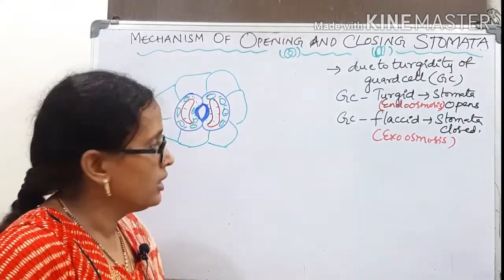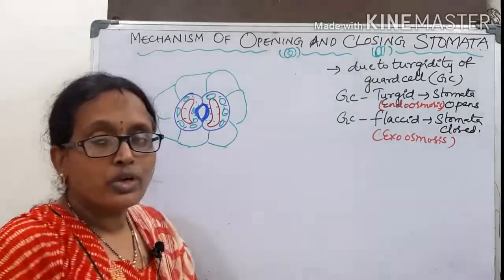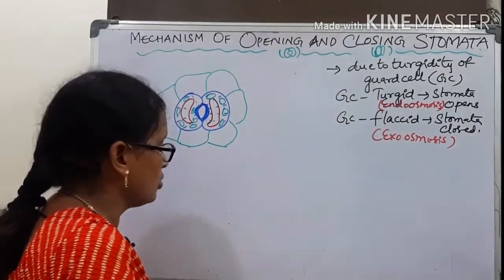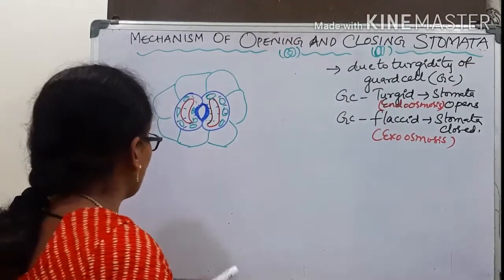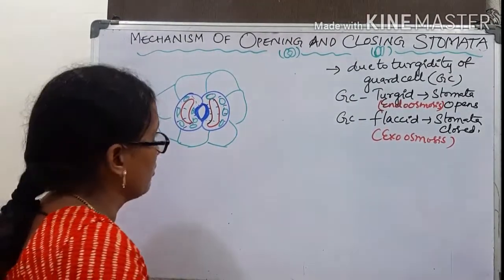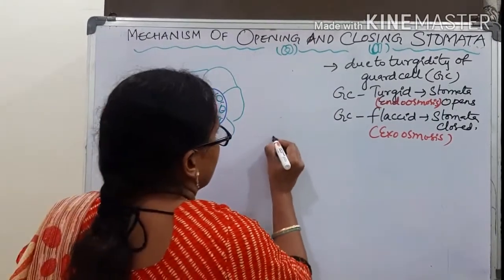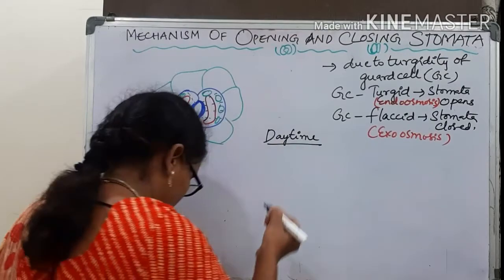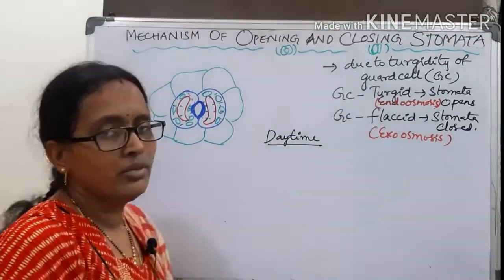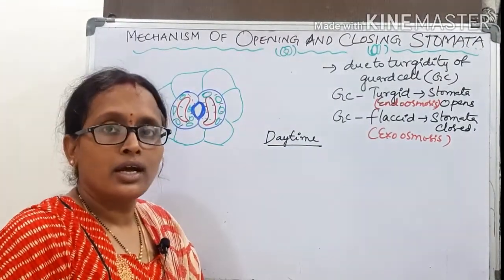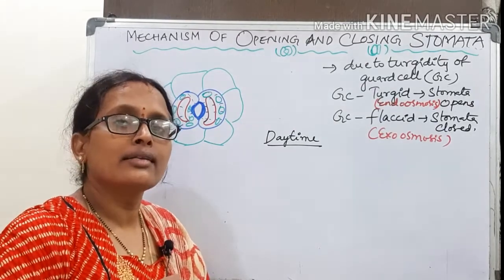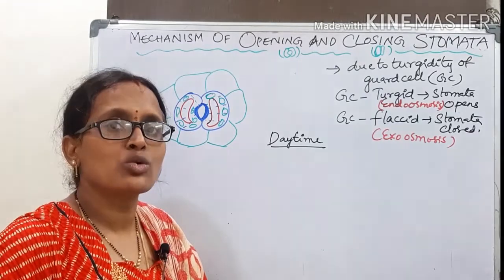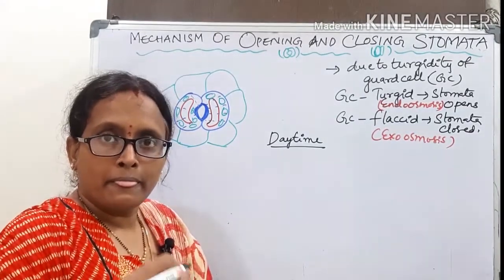As we know, in the guard cells we have chloroplasts. In the daytime, stomata open in general in mesophytes, in C3 plants and C4 plants, and they are closed during the night.